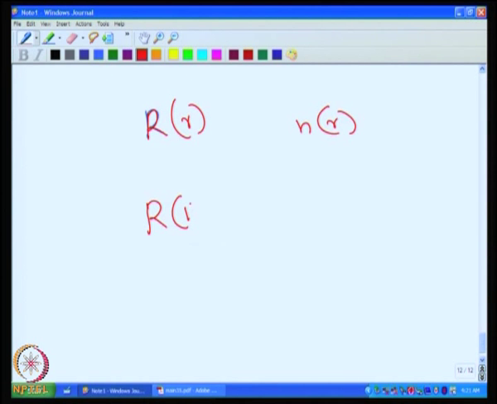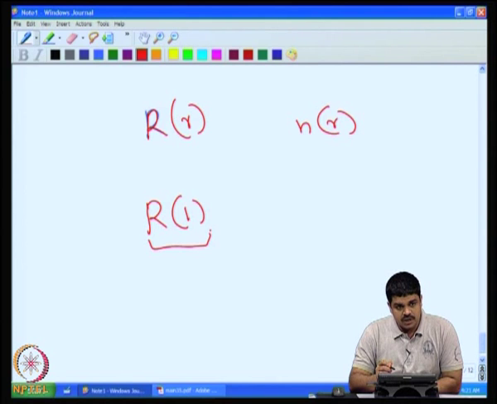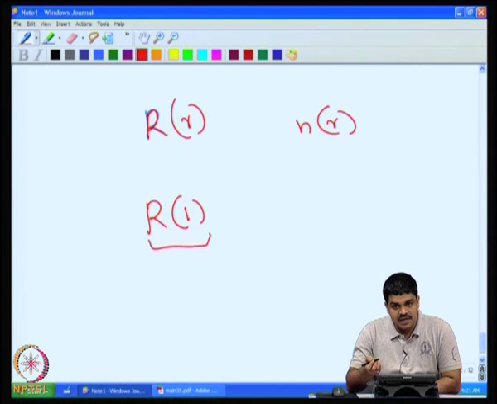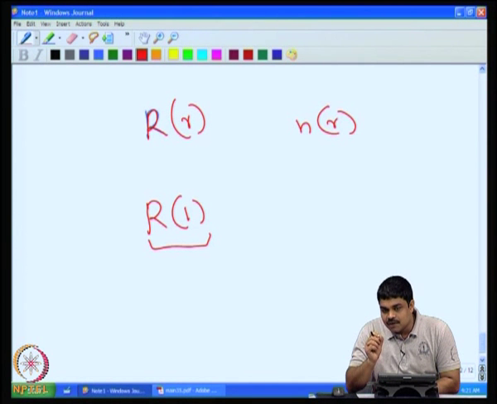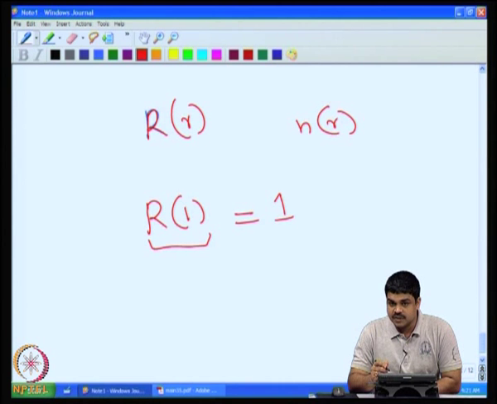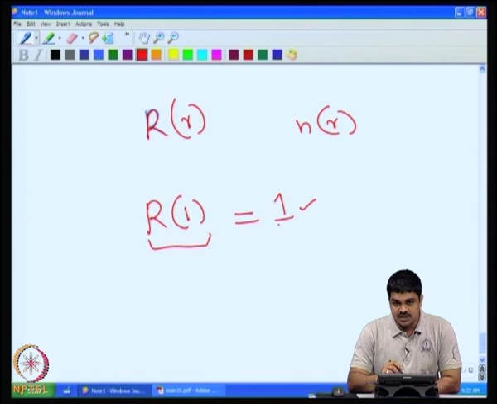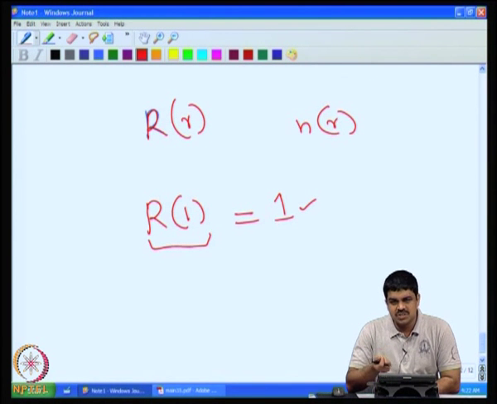If you ask for R of 1, the smallest number such that when the number of vertices in the graph is at least R of 1, there exists either a complete graph on one vertex or an independent set on one vertex, it is trivial, because you can take R of 1 as 1 itself. In any graph with at least one vertex, there exists a complete graph on one vertex or an independent set on one vertex, because both are the same.